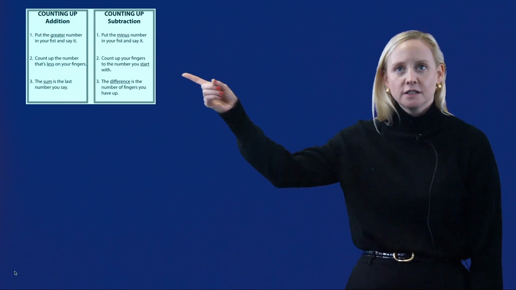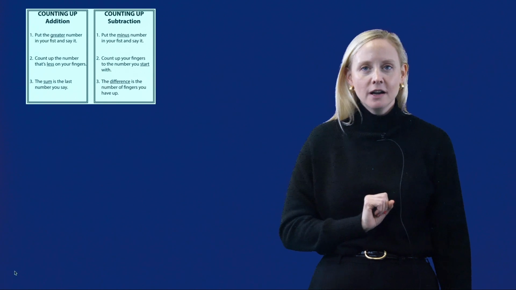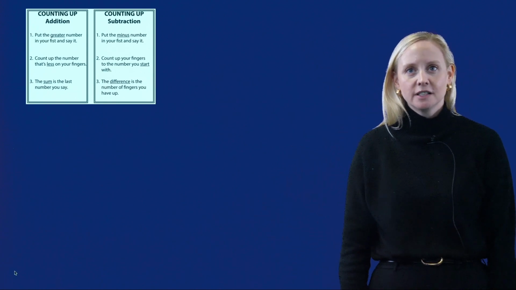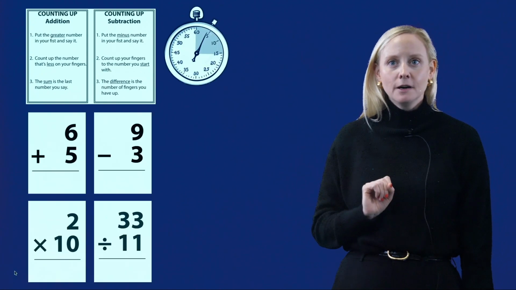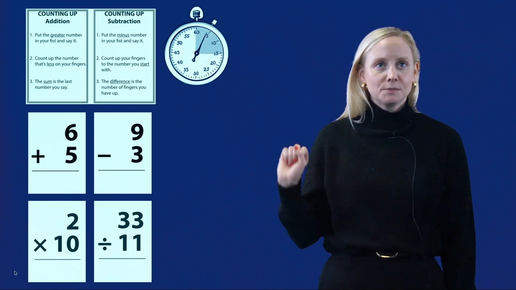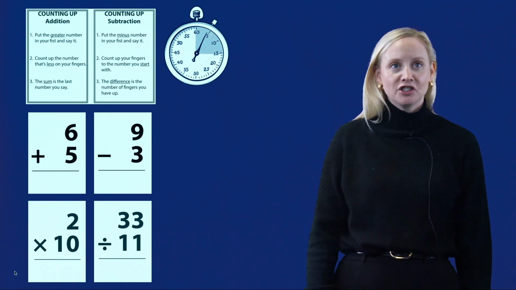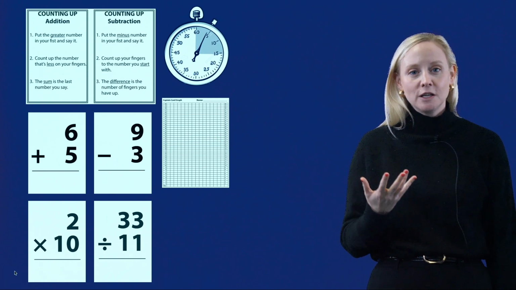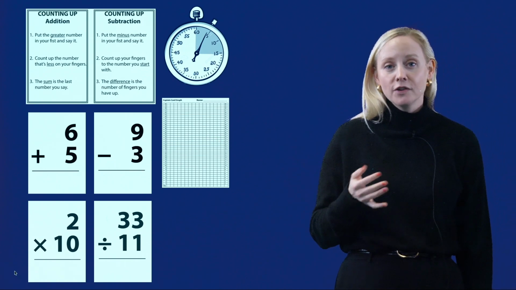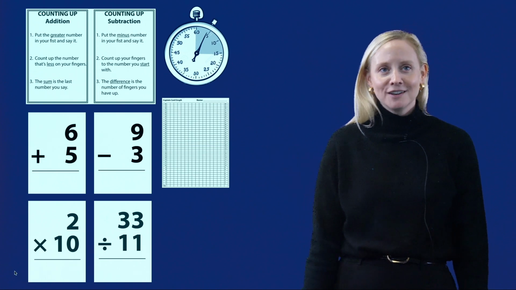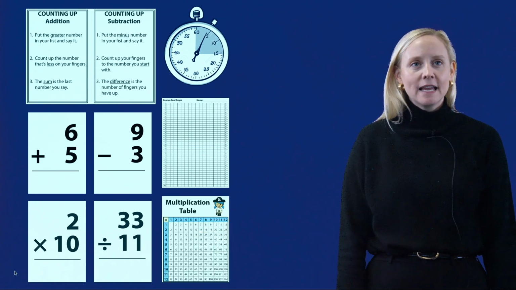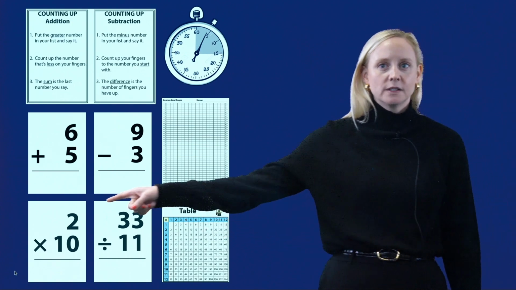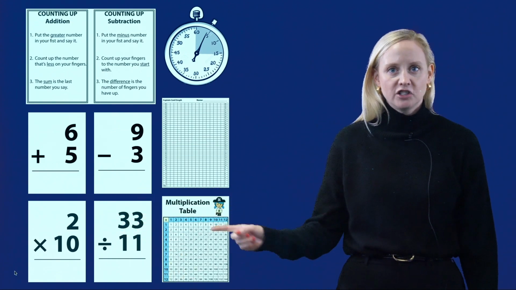To implement the captain cards, you will first need the counting up poster. It has counting up addition and counting up subtraction, a timer, the addition and subtraction flashcards or multiplication and division flashcards, the captain card graph, which we use as a self-monitoring tool for students to graph their higher score, and the multiplication table as a support when students are working through multiplication and division.